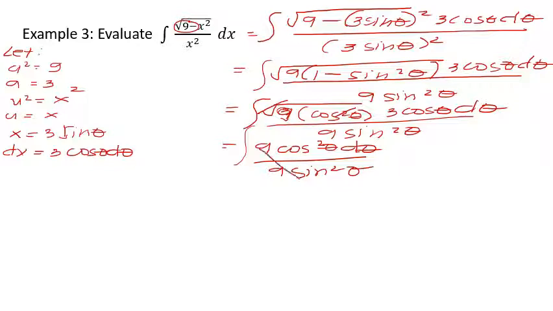So we could cancel out the 9. We are left with cosine squared theta over sine squared theta, which is equal to cotangent squared theta d theta.